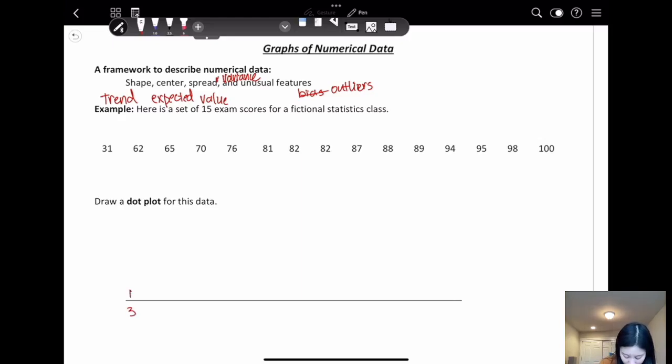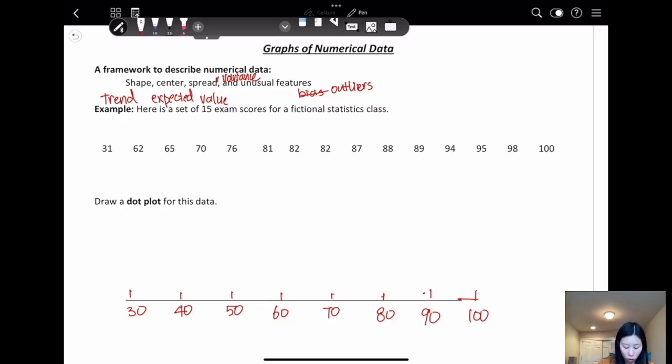So if we're starting with 30, here we're 40, 50, we want it to be consistent. I ran out of space, maybe I need to extend the line. But that's it. The next step is to draw the data onto the plot.